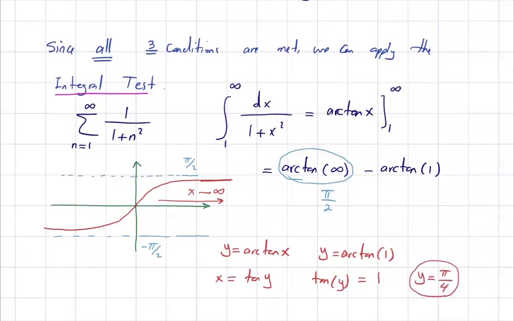When y is pi over 4, tangent of pi over 4 is 1. So you have pi over 2 minus pi over 4. If you do the computation, you get pi over 4. So your integral is convergent to pi over 4. It means that your series is convergent.